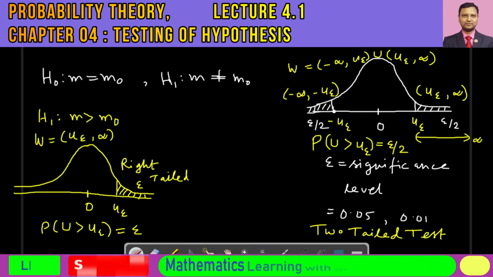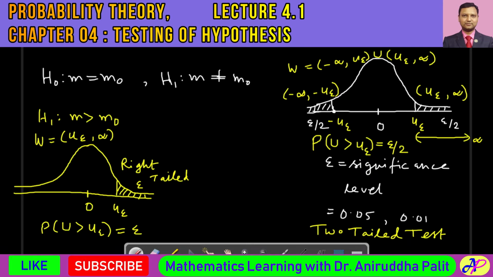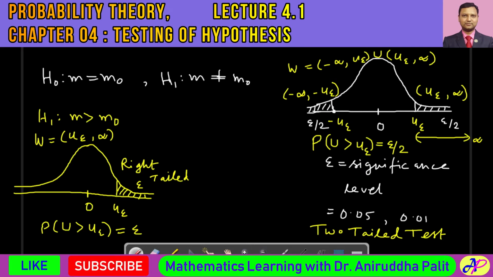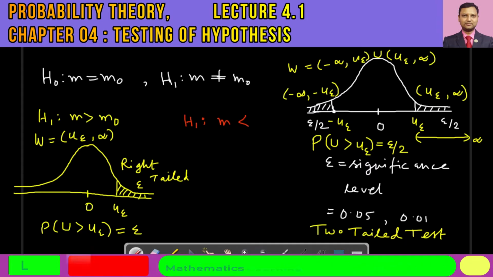So this is the case when the alternative hypothesis h1 is given by m greater than m0. All right. Now come to the third case, when the alternative hypothesis h1 is like this, m less than m0.